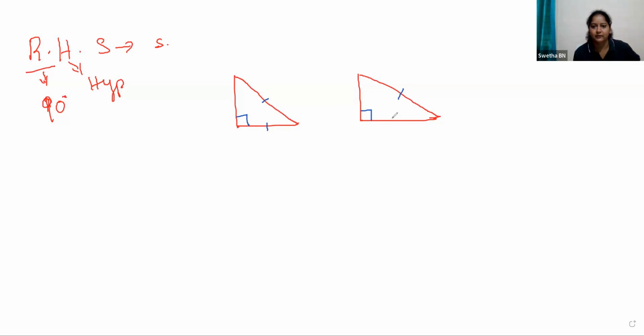So either take this or this, no problem. Take any one of the sides. So hypotenuse should be equal, right angle should be equal, any one of the sides should be equal. Then we say the two triangles are congruent. This is RHS. Got it?